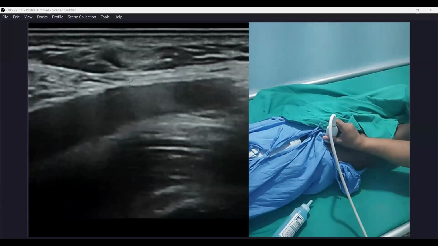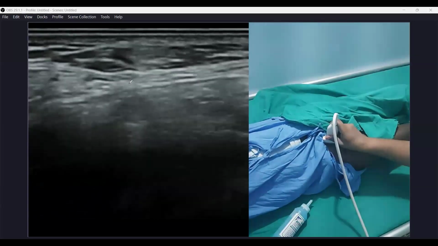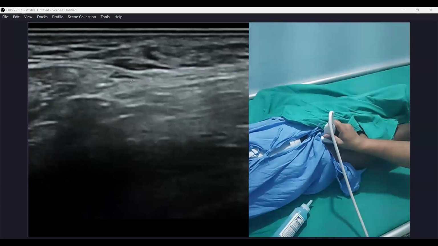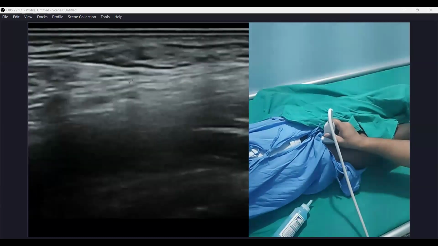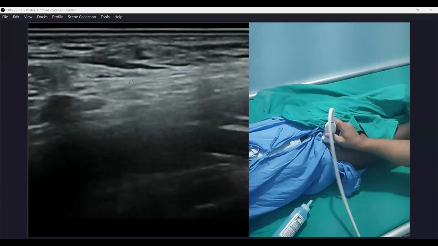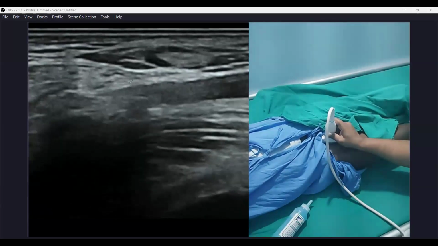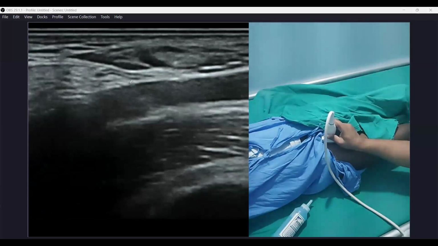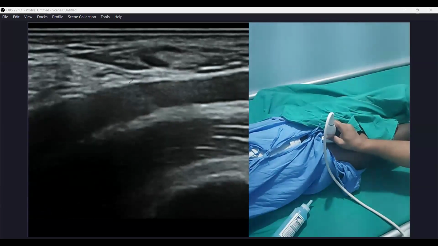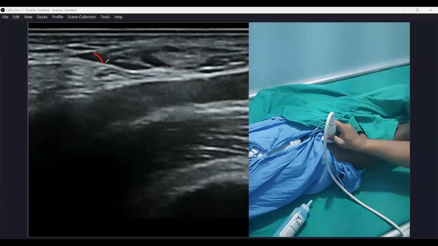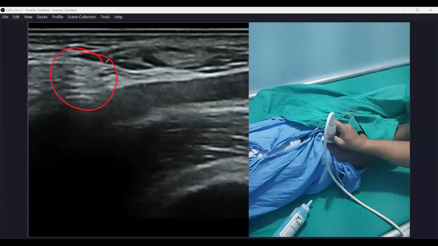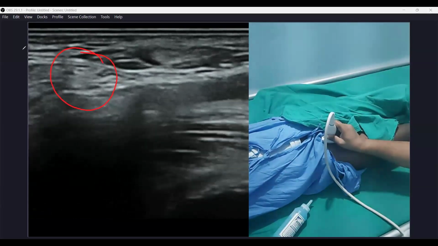So now as we are following the artery, just 1 second, somehow I lost. Okay, so yes, you can see some structures at this point where the artery is dipping down.